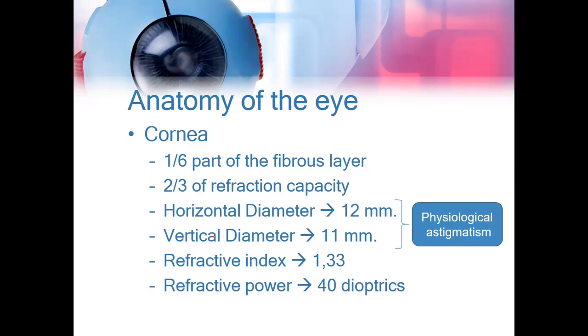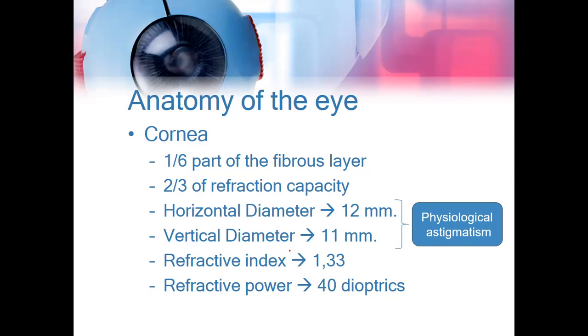The horizontal and vertical would have to be the same. However, as you're seeing here, there's a tiny difference, and this little difference of 1 millimeter is the reason for a physiological astigmatism. Okay, so we all have a little degree of astigmatism, which is physiological, which means normal, right? We all have a normal degree of astigmatism, which is related to the difference of diameters, the horizontal being greater than the vertical diameter.